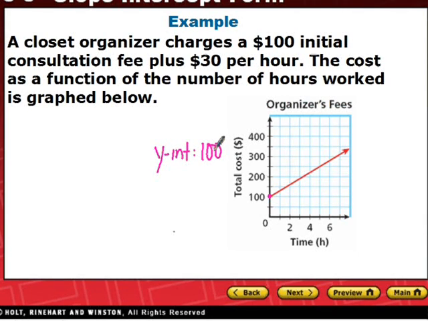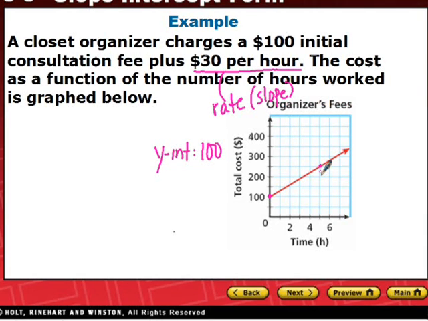Right. And they told me she charges $30 per hour. That's the rate. Rate is just another way of talking about slope. And I bet if I calculate out the slope, I'm going to find that it's 30.